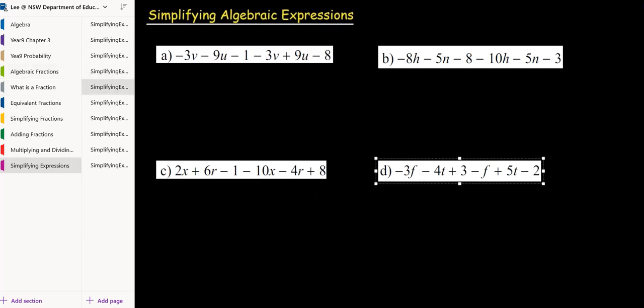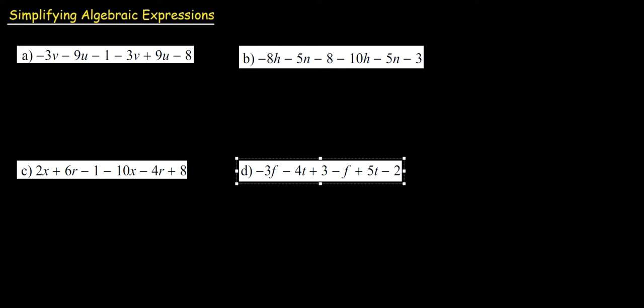Okay, so let's move on to something slightly different now. Now, there's a subtle difference here in that we have letters and numbers. Now, I'm going to do a slightly different way of explaining this.